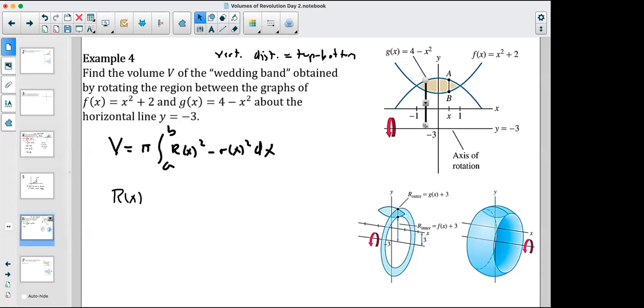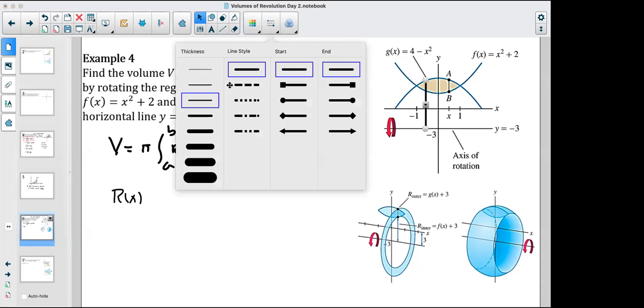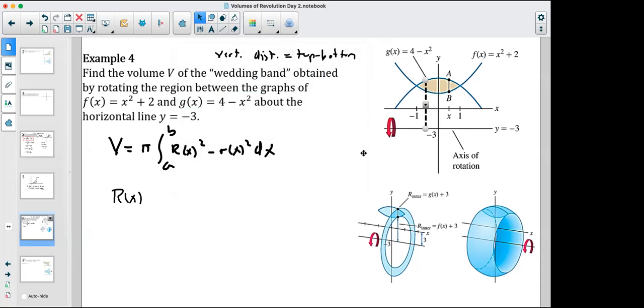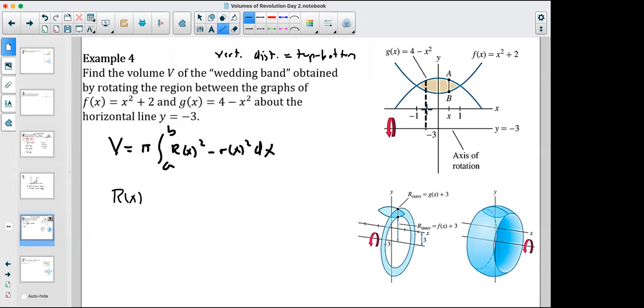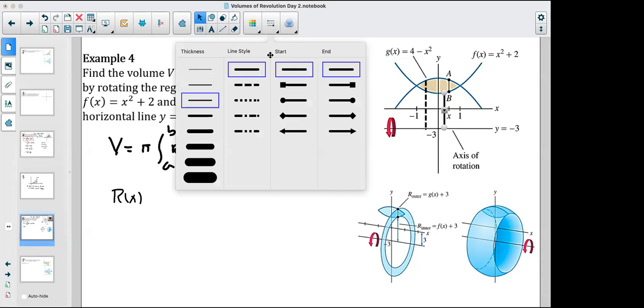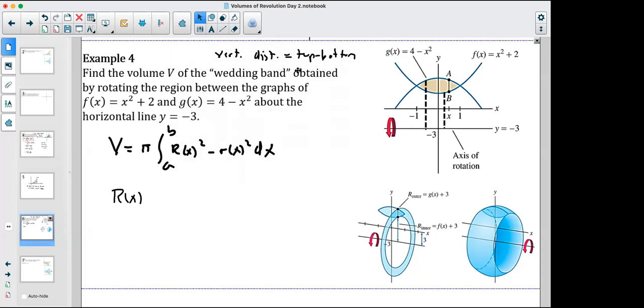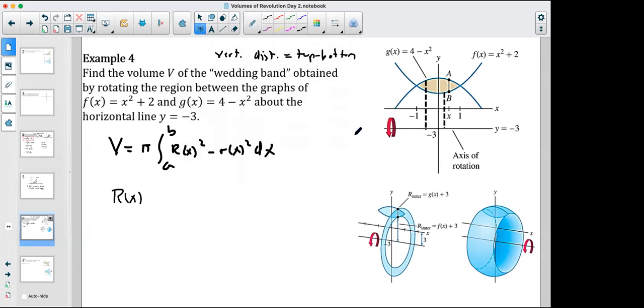Let me make it a little longer so it gets down to the line, maybe dotted. So this is big R right here, and little r is the inner radius, a somewhat shorter line right there.